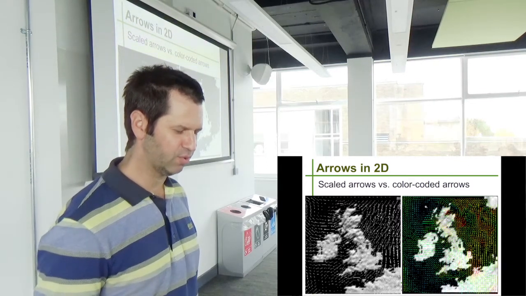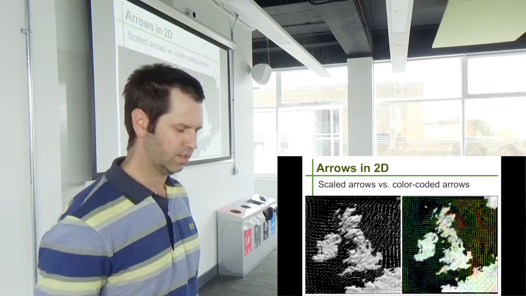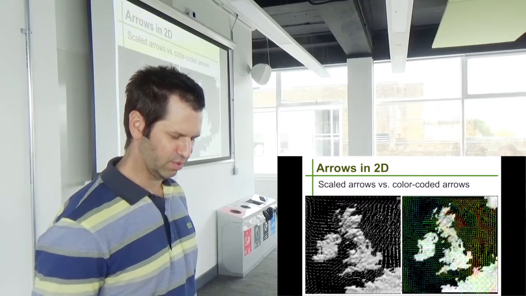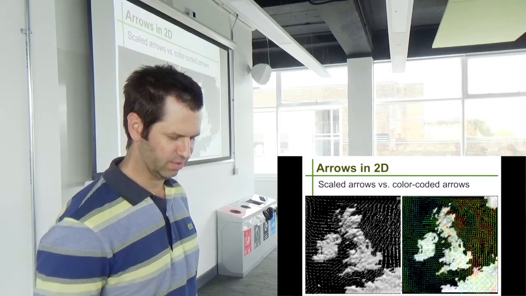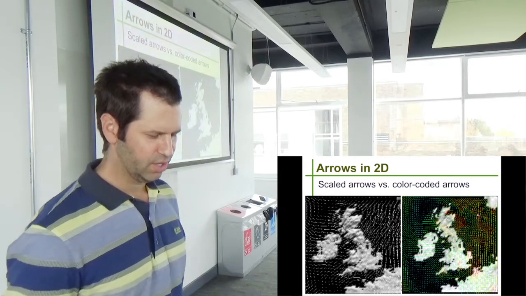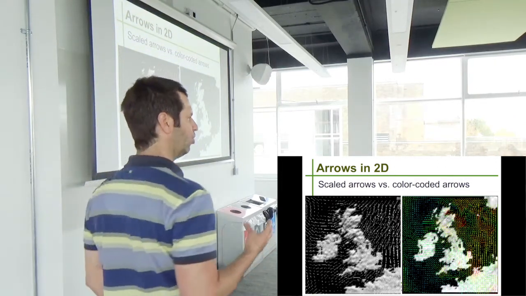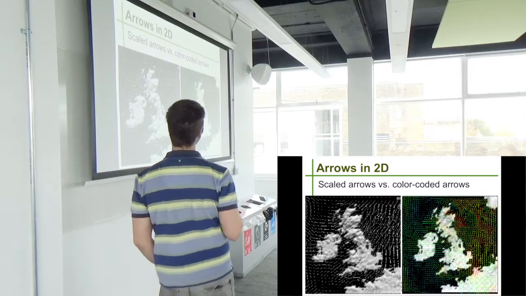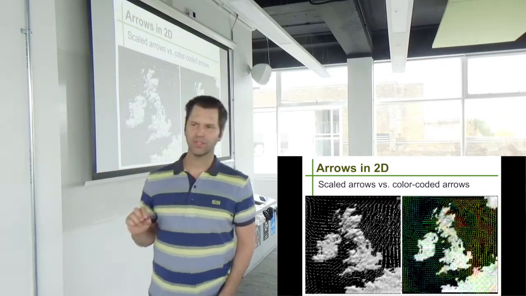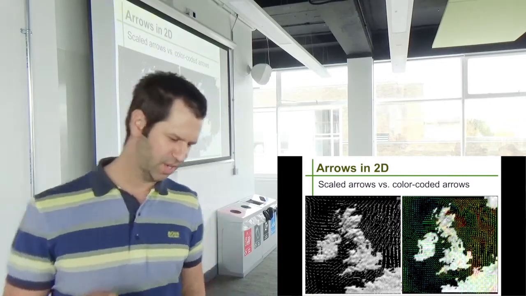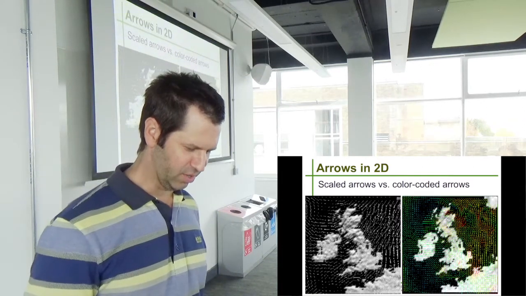So that's why people use normalization sometimes, so that things don't get reduced to nothing when the velocity is 0, like down here and so on. And here's with color. So you can encode magnitude with color. Right here, the dark blue color is low velocity magnitude, and then the red is high velocity magnitude.